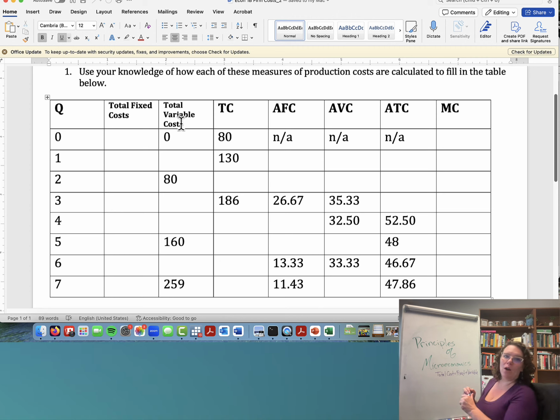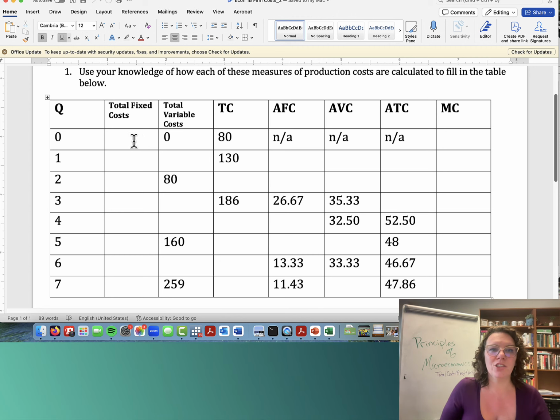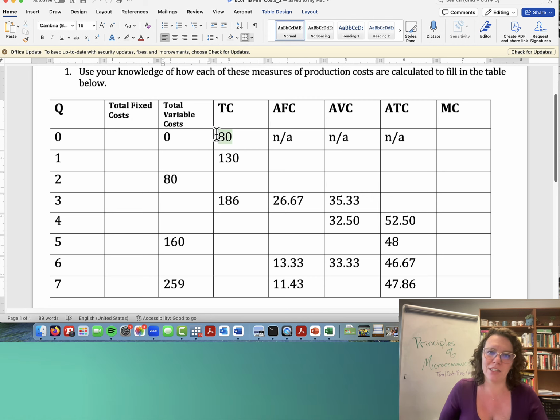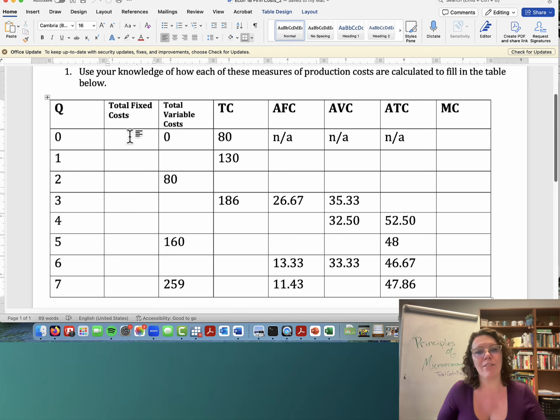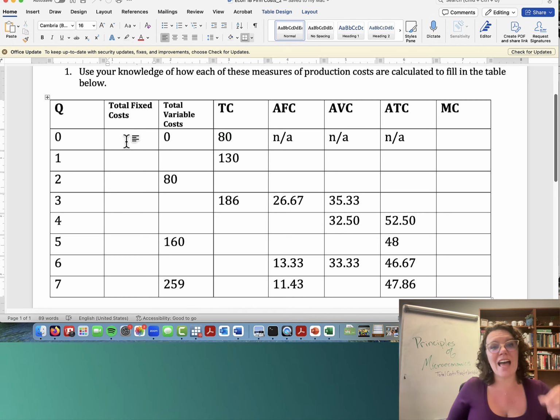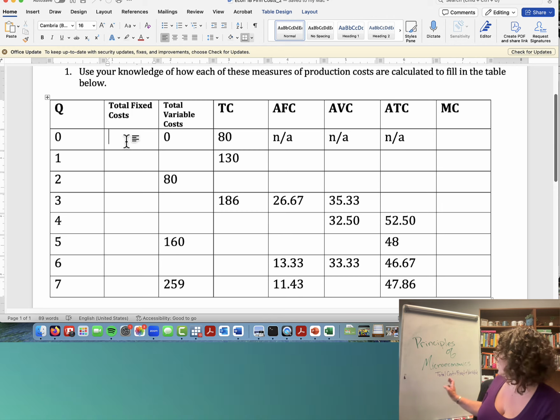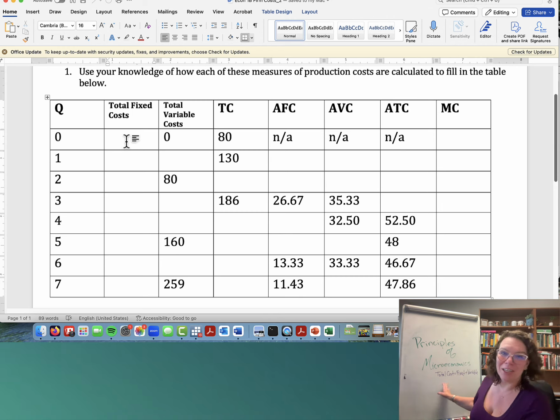We start out with nothing in the total fixed cost column, so we want to figure out what that fixed cost is going to be. We see 0 in the variable cost and 80 in the total cost. So we know that if the variable costs are 0, our fixed cost has to be 80, because 0 plus 80 equals 80.